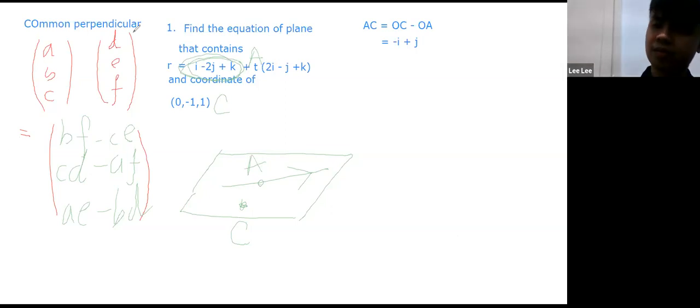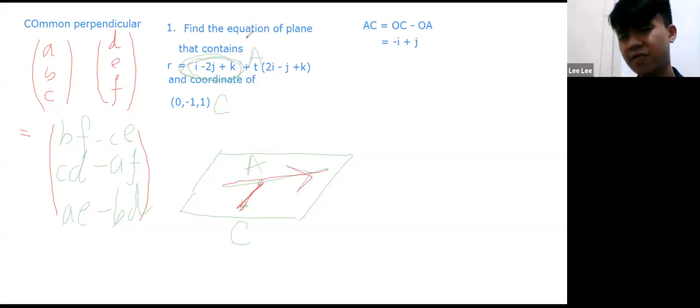Why did I ask you to find AC? Because if you have the direction of AC and you have the line direction, now you have two vectors on the plane, right? The first vector is the line direction. The second vector is the vector AC.